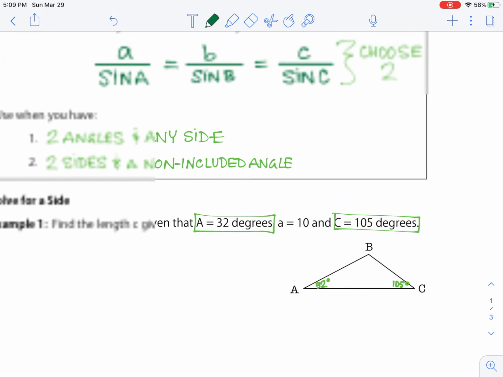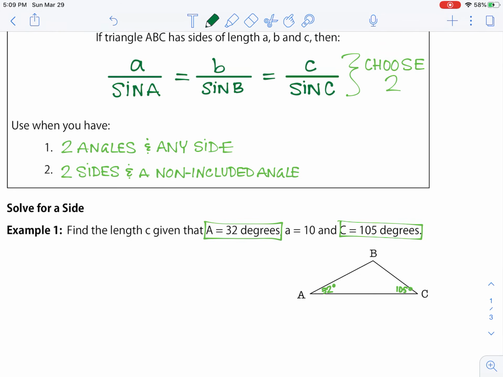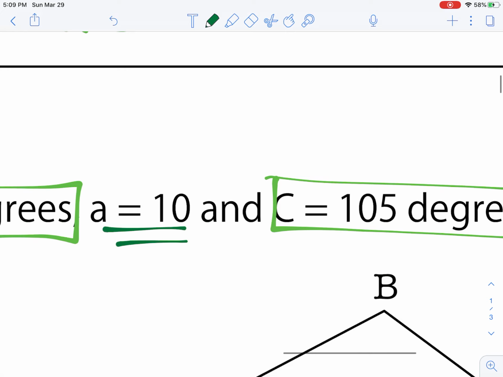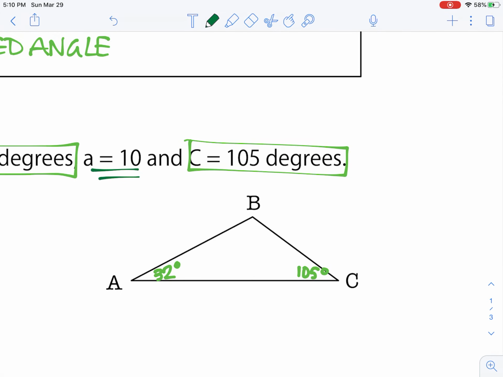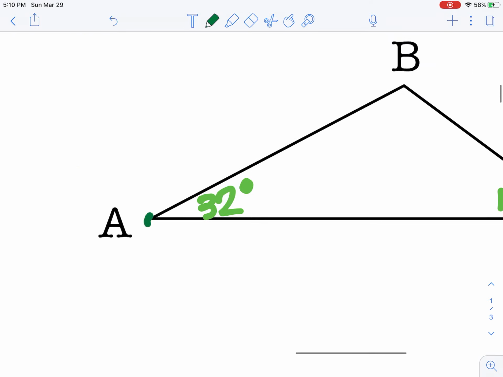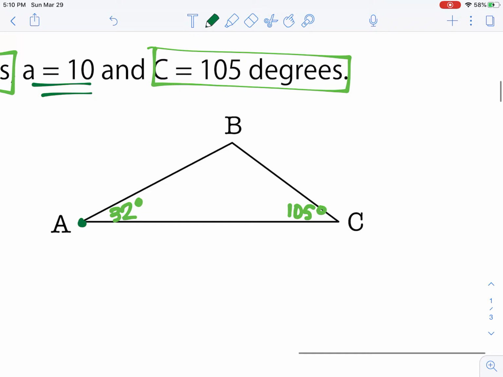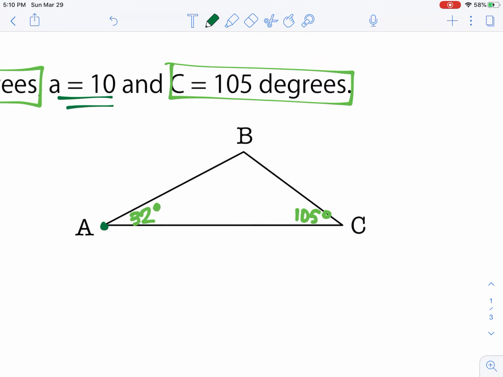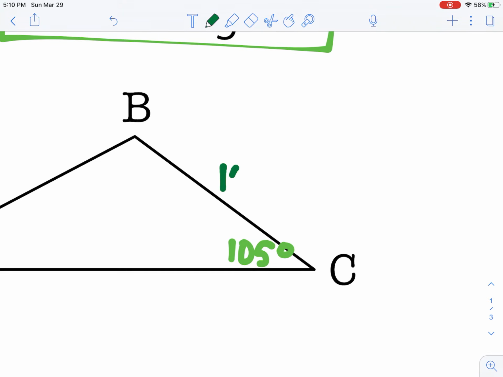So if we end up needing angle B, we could fill that in. All right, then we look at our sides. This is situation number one up here. We have two angles and any side. So side A is 10. Side A is always the side that doesn't touch this vertex, or we say it's opposite the angle.